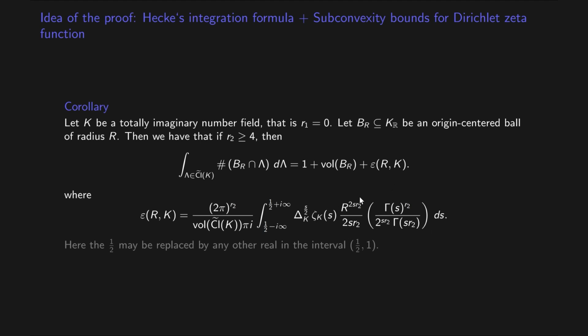And so the last step that we have to do is to estimate the error term and to show that it is small. Here, probably, even if you are not a number theorist, maybe you've heard that number theorists have a special love for L functions on the critical line.